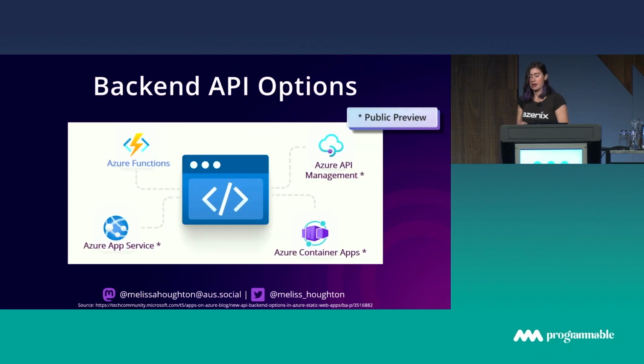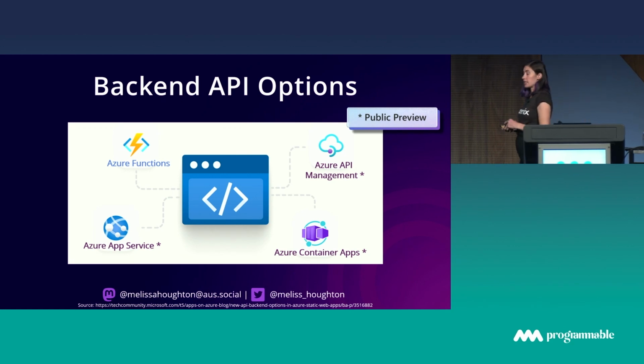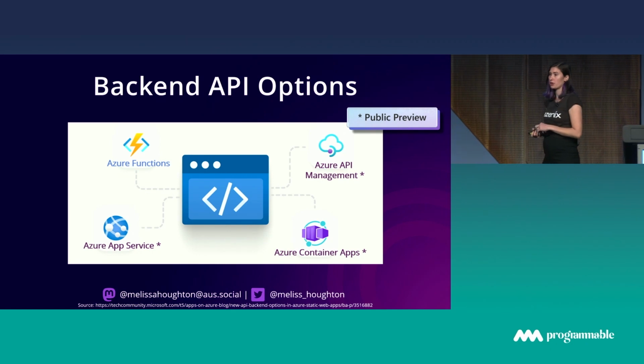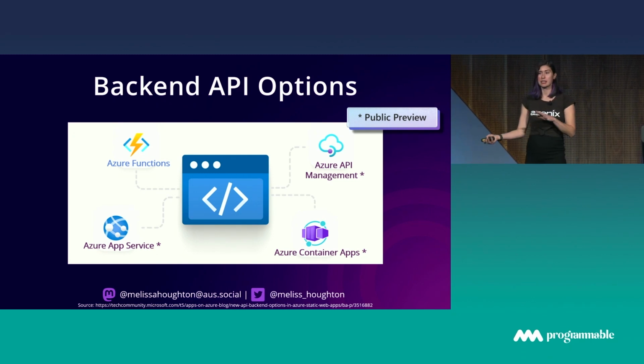So I talked about there are other API backend options other than the Azure Functions. If you're on the standard plan, you can do something called bring your own backend. So instead of having the Azure function, which is managed within the static web app, you can connect to an existing backend.